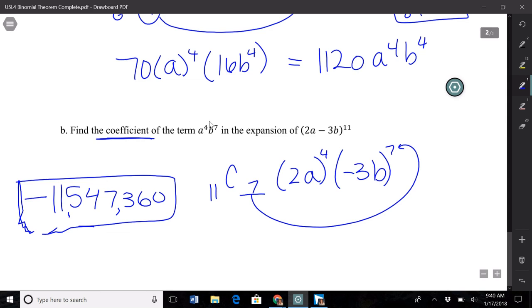Because the b in our question has an exponent of 7 and a has an exponent of 4, I can put those in. Now I know that this 7 matches with this 7 here, so I can fill that number in. Now all I have to do is the calculations. So 11C7 times 2 to the fourth times negative 3 to the seventh is negative 11,547,360.